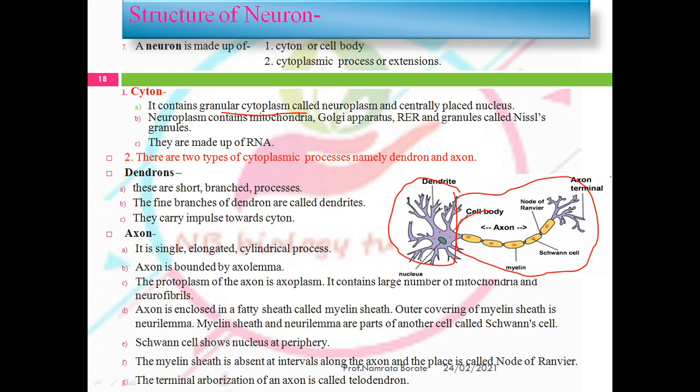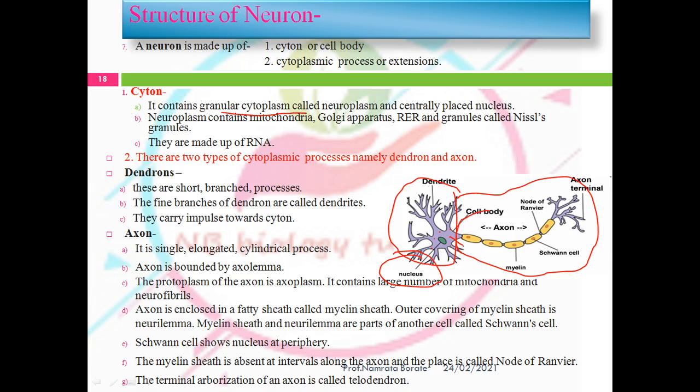Centrally, there is the nucleus. The neuroplasm means the cytoplasm present in the cyton. It contains mitochondria, Golgi apparatus, rough endoplasmic reticulum, and granules called Nissl granules. They also show the presence of RNA. They are made up of RNA.